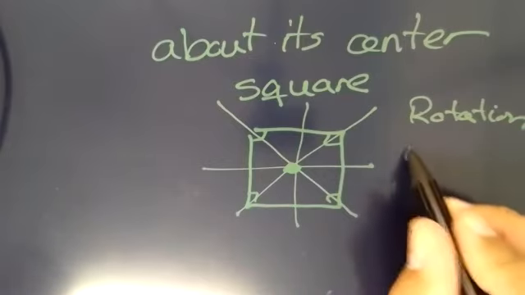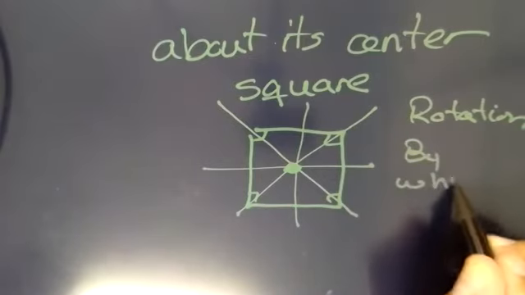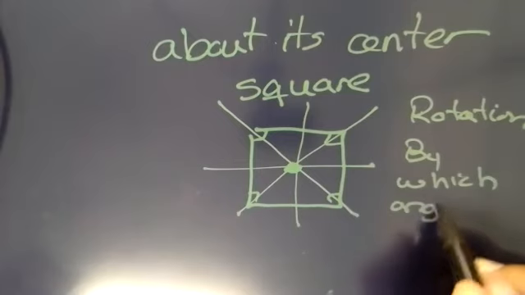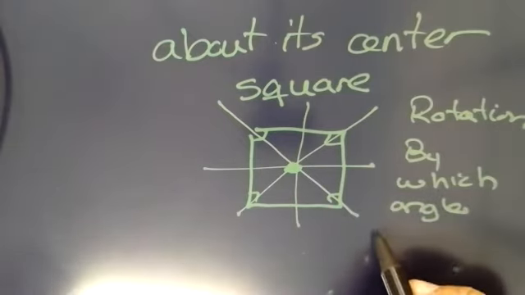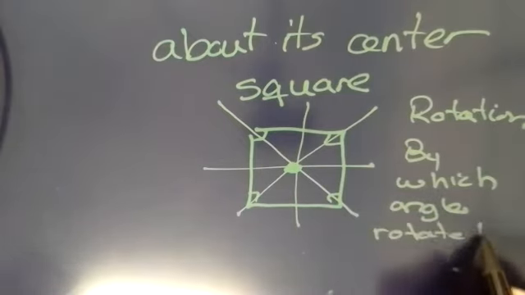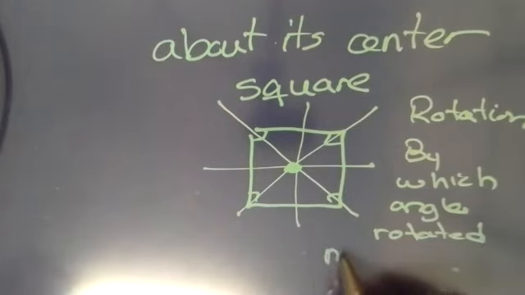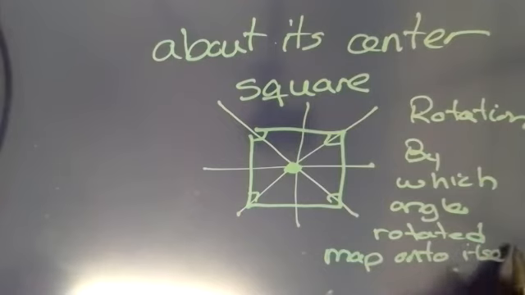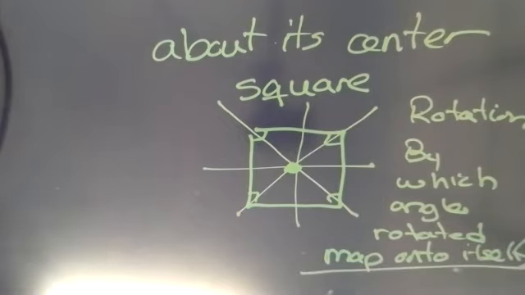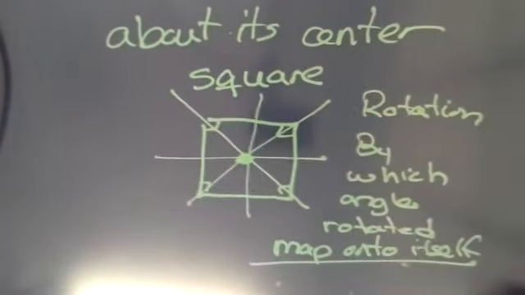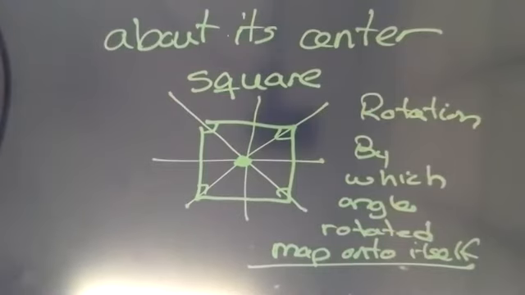Okay, again, by which angle can the square be rotated so it could map onto itself? So again, when it says map onto itself, what am I referring to? Anyone?